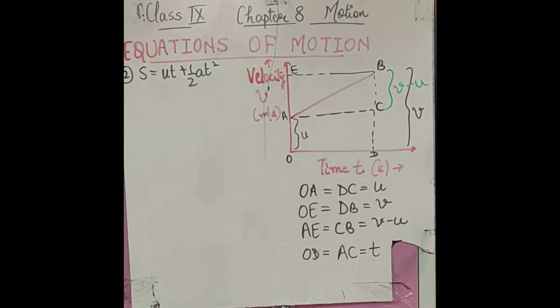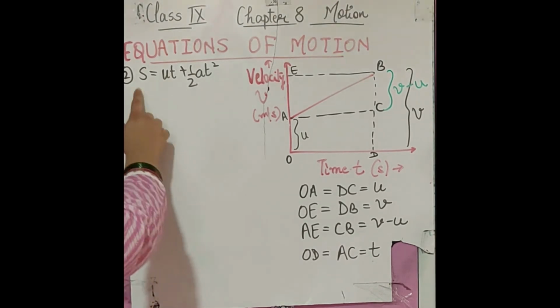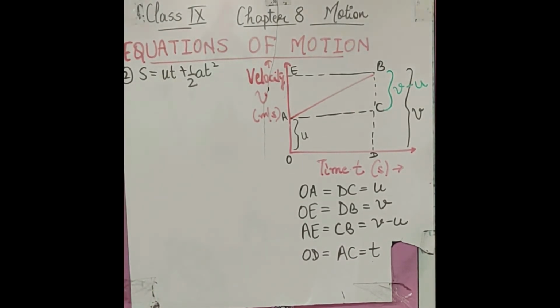So let's now derive the second equation of motion. S is equal to UT plus half AT square, which is called the position time relation. Now we can see that on LHS we have S, the displacement, and we have already discussed that if we need displacement from the velocity time graph, then we should calculate the area under the graph.